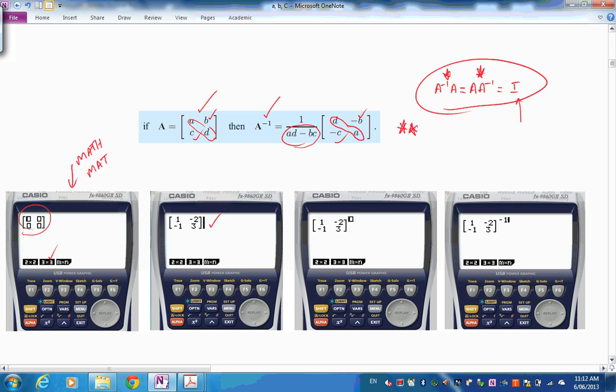I've entered the numbers, and then I move the cursor across with this button here, and hit the hat key. Okay, so here's hat here. Hit hat, I'm getting an entry position up here as a power, and then I need to enter -1 and hit execute, and I would have the inverse of that little 2 by 2 matrix.